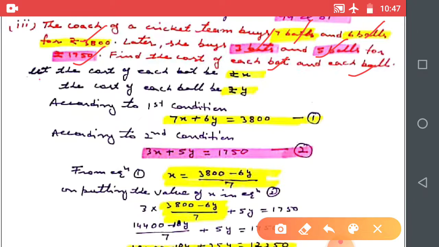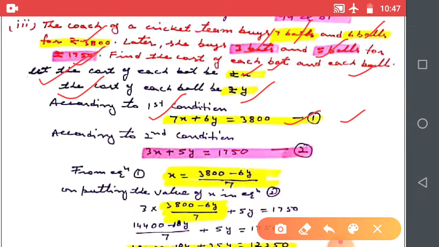So let the cost of each bat be x rupees and the cost of each ball be y rupees. According to the first condition, 7x plus 6y is equal to 3800, because 7 bats cost 7x and 6 balls cost 6y. This is equation number 1.